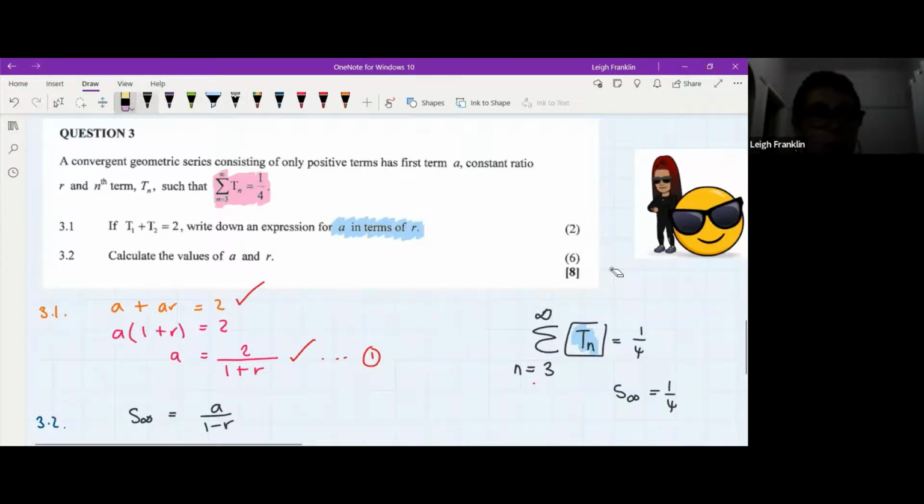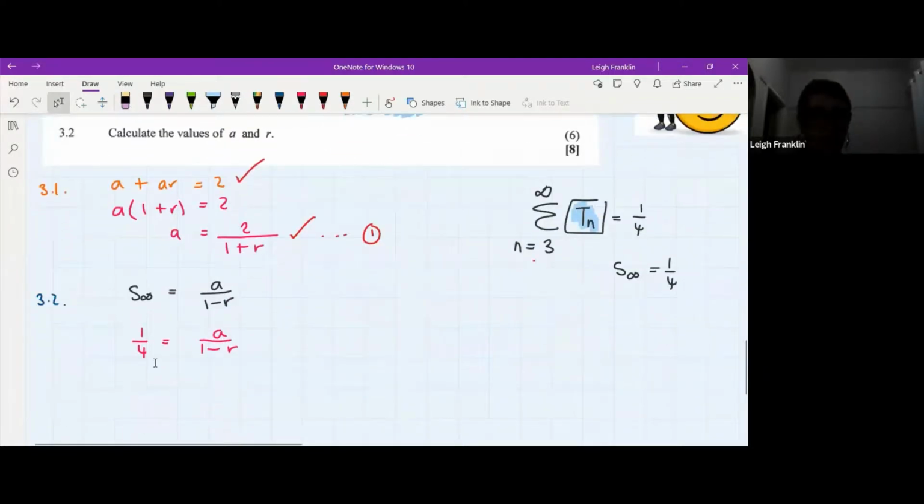Right, now let's go back and sub that in. We've done that, 1 over 4. Now, remember, we can only work in terms of one letter. We can't work in terms of 2 letters.